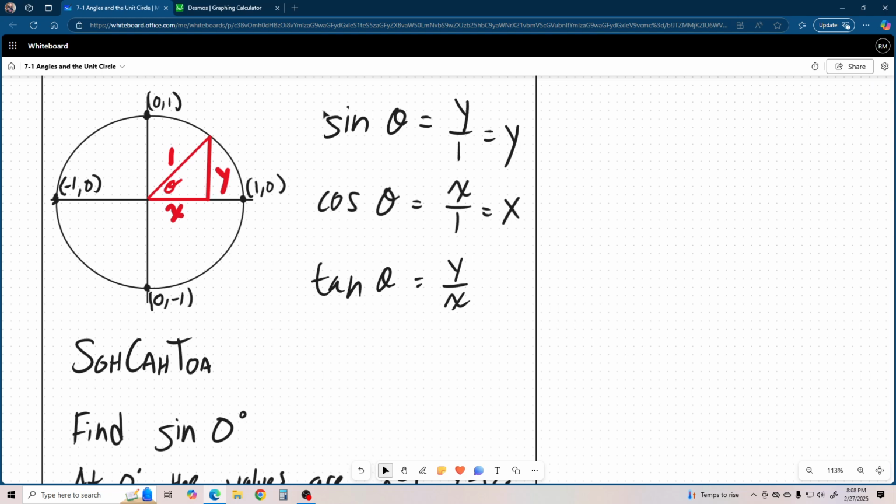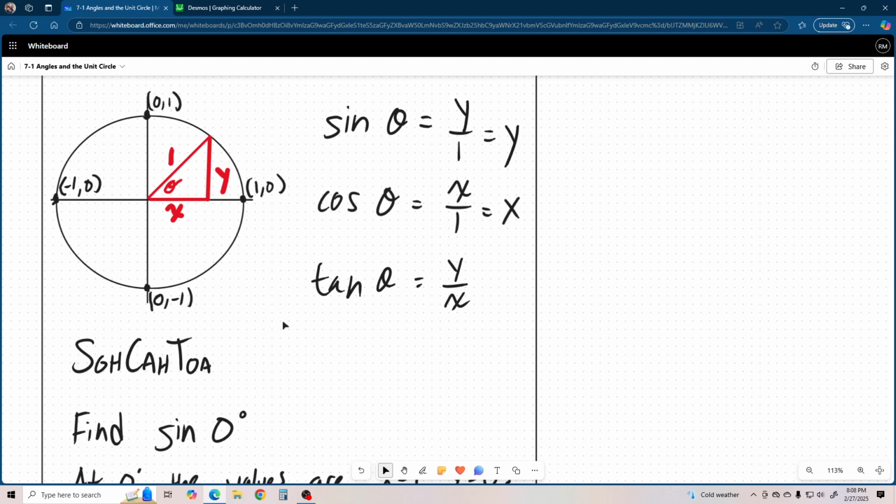So our sine ratio is exclusively tied to our y value. Cosine is adjacent over hypotenuse. The adjacent is x and the hypotenuse is still 1, so cosine is x over 1, which is just x. So sine is tied to our y value, and cosine is tied to our x value.